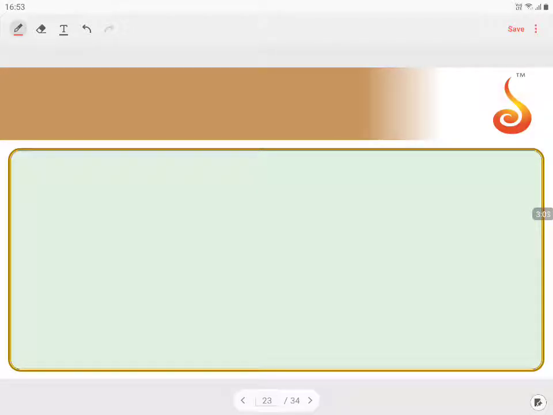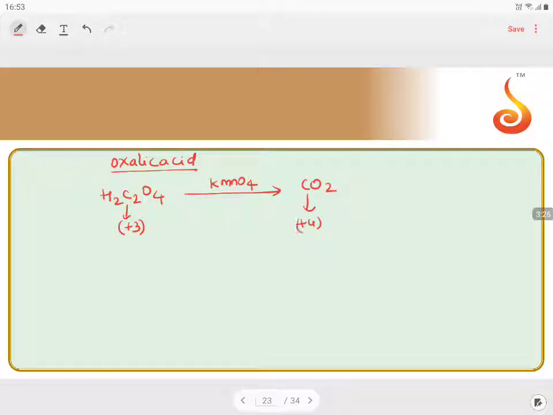Now the second part, oxalic acid. Let us talk about oxalic acid. Oxalic acid is H2C2O4. In the presence of an oxidizing agent, in the presence of KMnO4, it will convert into CO2. So the carbon here is in +3 oxidation state and changes to +4 oxidation state.